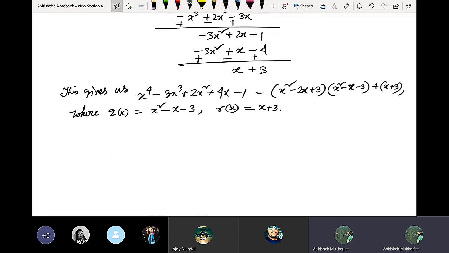Okay, so we have got the quotient and remainder.